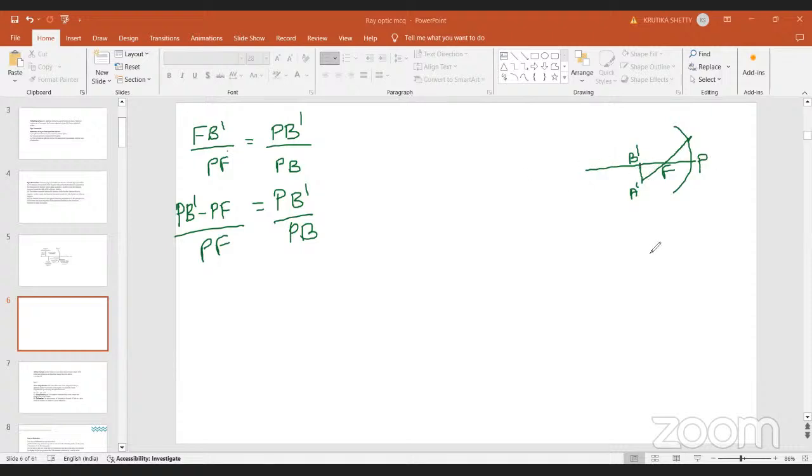Yes, check. If you did not understand, look here: suppose FB' is 3 centimeter, and the full is 10 centimeter. What will be the remaining? 10 minus 3 is 7. So 3 can be written as 10 minus 7, and 7 can be written as 10 minus 3.